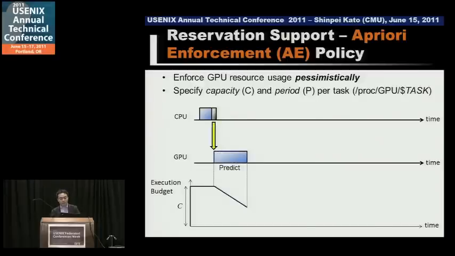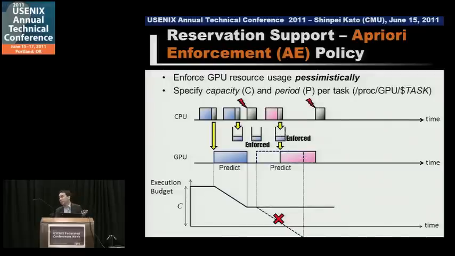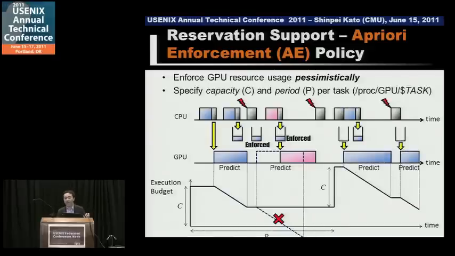However, if the prediction detects that this execution would cause the budget to be negative, then the corresponding GPU command is forced to wait, even though it has the highest priority. So even though it has the highest priority, it is enforced not to go to the GPU. Thus this policy is more pessimistic because the budget may be left unused.